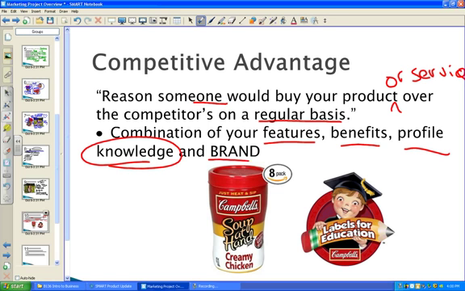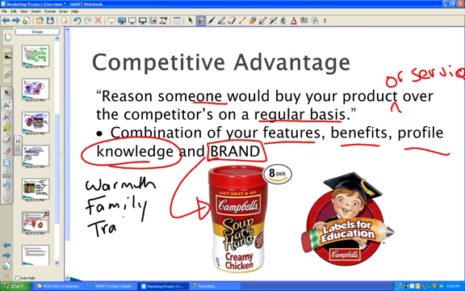And of course, you can't underplay brand. I'm using a red marker here because red is a key component of Campbell's soup brands. When you see the red can, you know it's Campbell's, right? And Campbell's comes with a lot of notions of warmth, family, tradition, history.